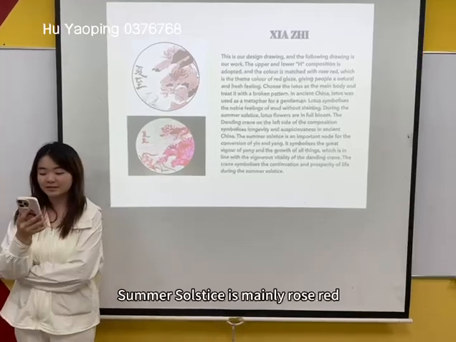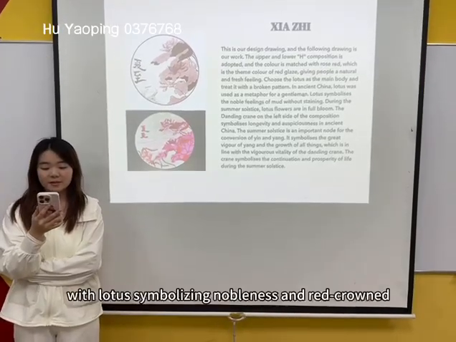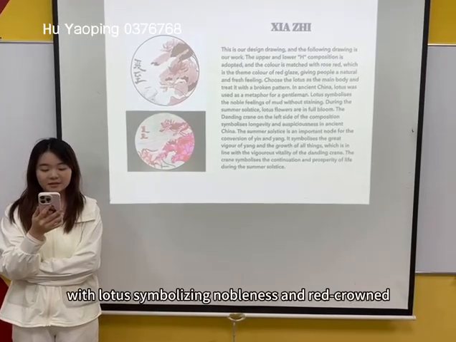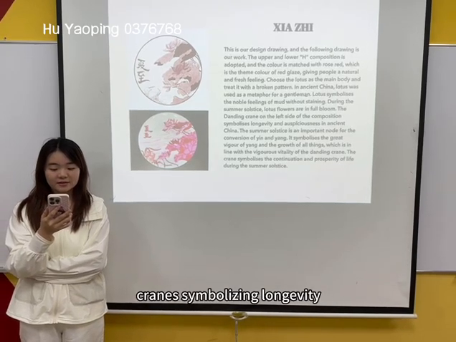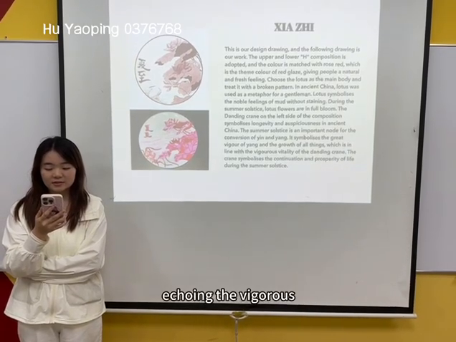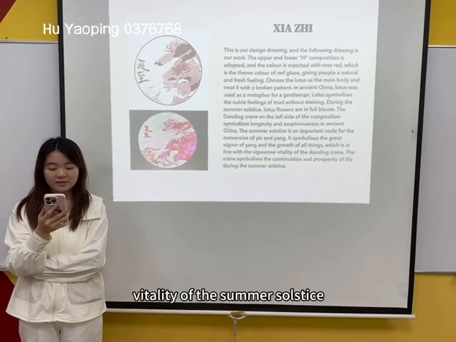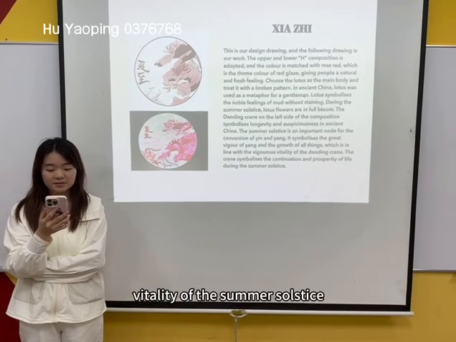Summer solstice is mainly rose red, with flowers symbolizing the winds and the red plum tones symbolizing longevity, choosing the regular rose variety of the summer solstice.